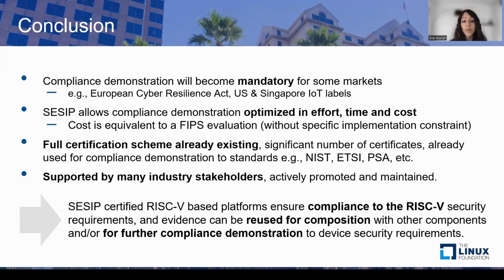There is already a SESIP scheme which is issuing certificates, and those certificates are already recognized by some entities such as the PSA Certified scheme, by NIST for the compliance to 8259A, which will be extended to the recognition of the NIST 8425 for their IoT labeling. And there are many other recognitions under work, in particular with the ETSI EN 303 645 already mentioned.